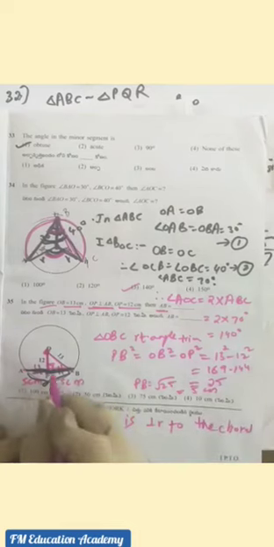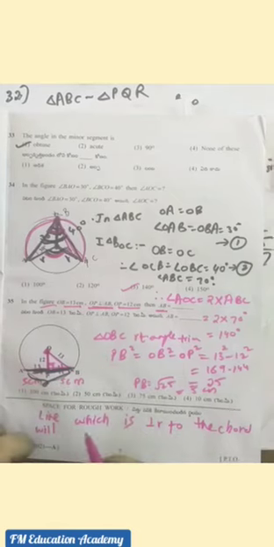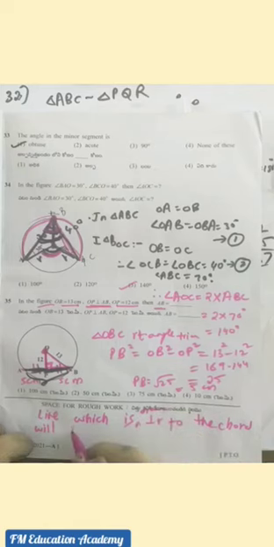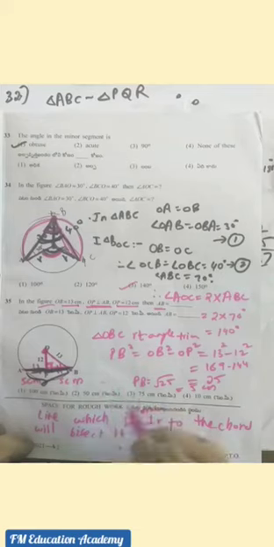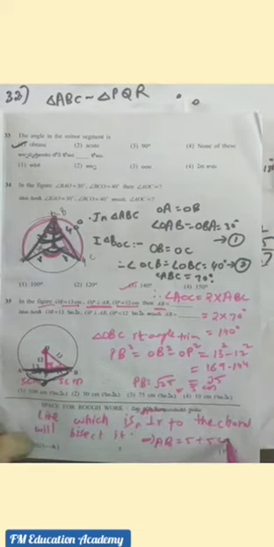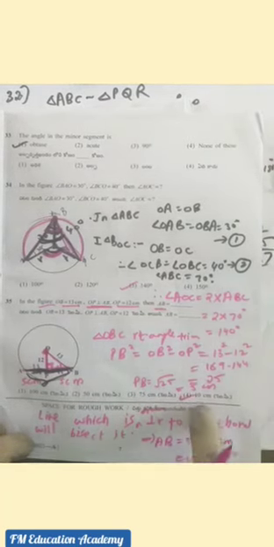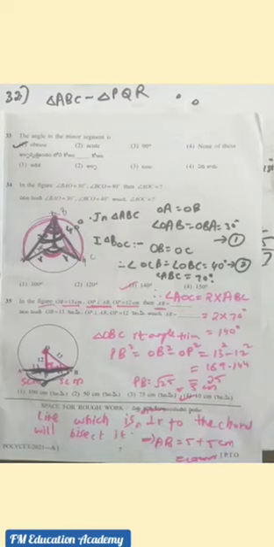So this line is bisecting into two equal parts. So if this is 5, this is also 5. A line which is drawn perpendicular to the chord will bisect it. So here we can say AB is equal to AP plus PB, that is 5 plus 5, that is equal to 10 centimeter. In which option do we have 10 centimeter? Option 4. So the 35th question answer is option 4, 10 centimeter.